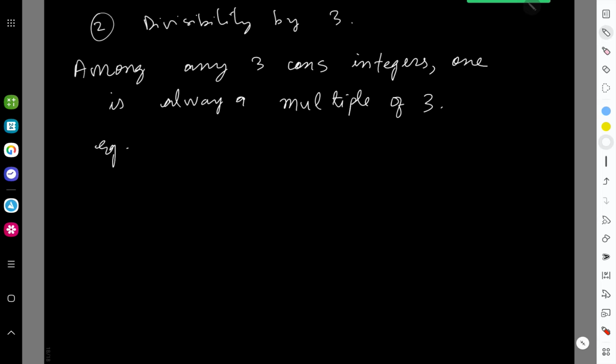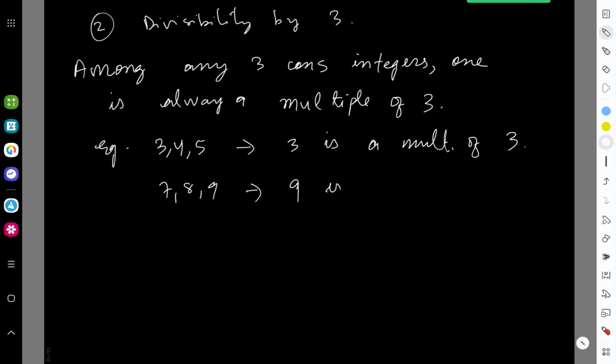To support the statement, let us give examples: 3, 4, 5, here 3 is a multiple of 3, and 7, 8, 9, where 9 is a multiple of 3.